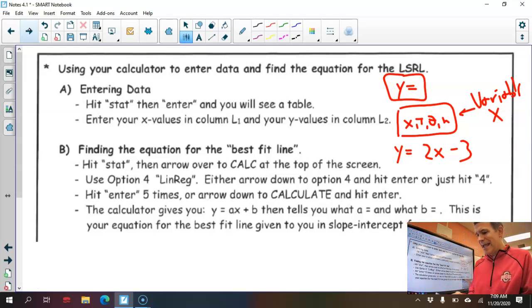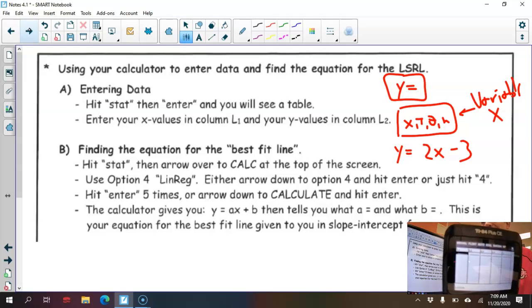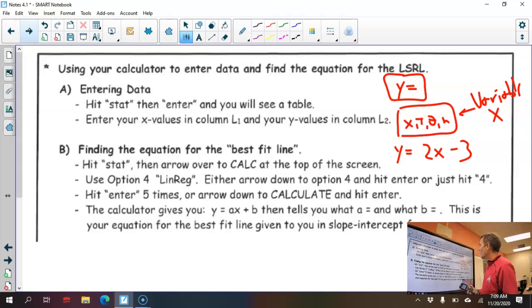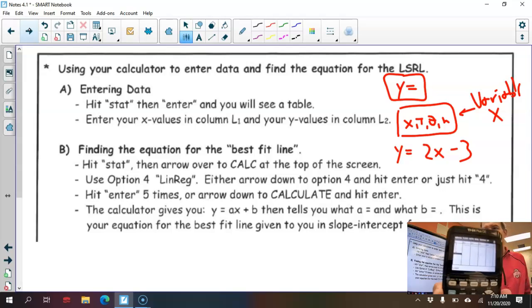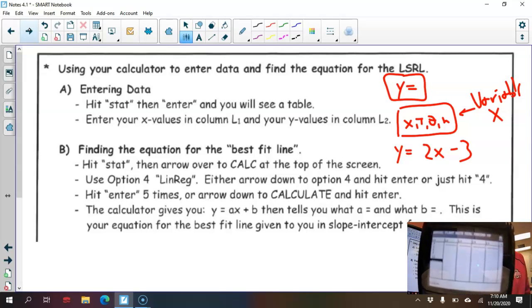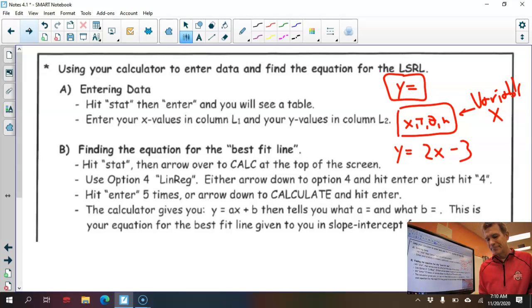And you will see a table, a bunch of L1, L2, L3. You see this table, hopefully. And in the L1 column, we're going to enter the x values. So my x values were 0, enter, 2, enter, 5, enter, 7, enter, 12, enter. And I have entered all my x values in the first column.